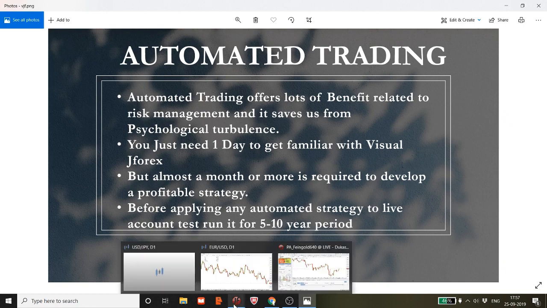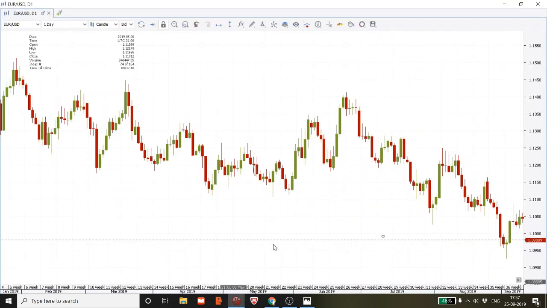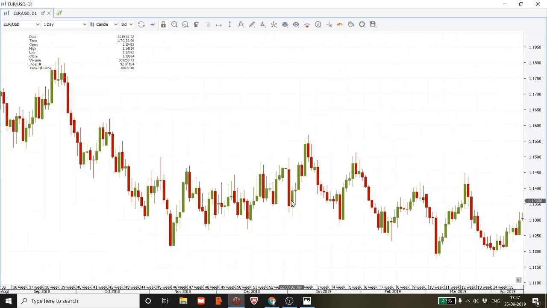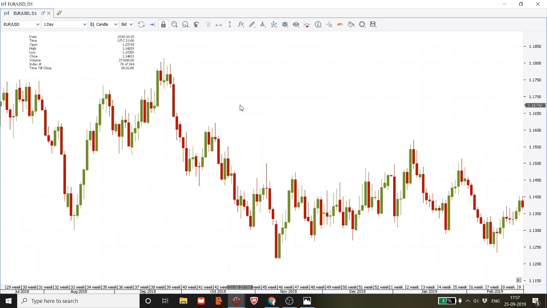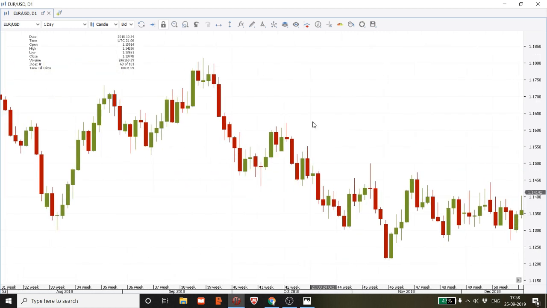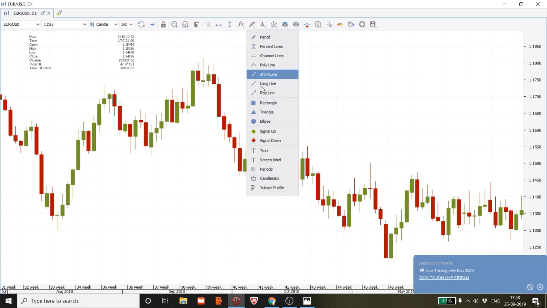So let's begin today's topic. Today I will show you how to develop a strategy using the inverted pin bar concept, and I will show you the inverted pin bar on the daily chart. The instrument is Euro USD and the time frame is daily.